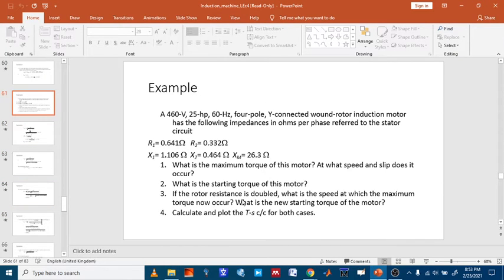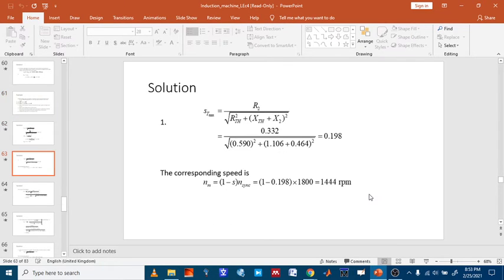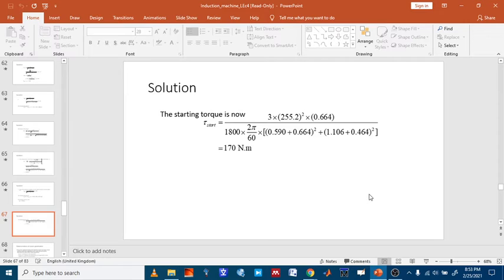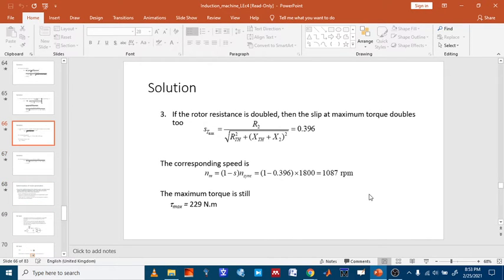If the rotor resistance is doubled, what is the speed at which the maximum torque now occurs? What is the new starting torque of the motor? If the rotor resistance is doubled, then the slip at maximum torque also doubles.